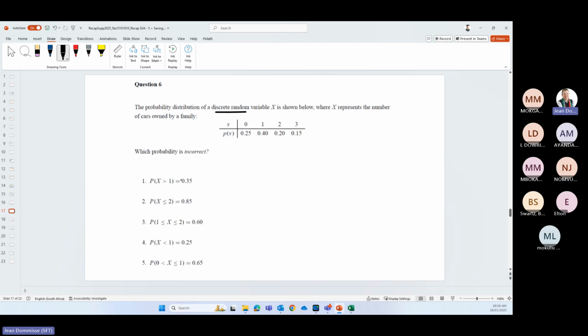And in this one, they're just asking us to identify which one again is the incorrect one. Okay, so let's start with x bigger than 1. X bigger than 1, it excludes 1. So 0.2 plus 0.15, that is correct. It's 0.35.